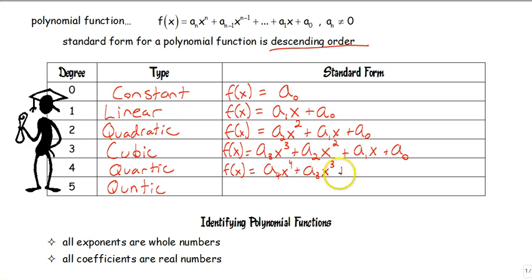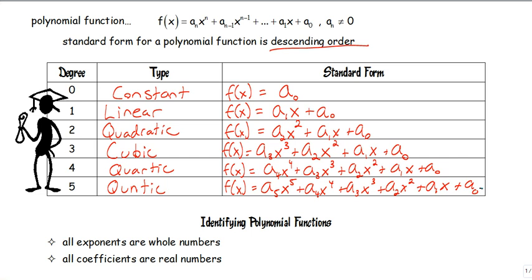So your x to the 4th term should be there first. It's a lot to write out. But you get the idea, you see the pattern. And done. Okay, so that is the format of these polynomial functions.